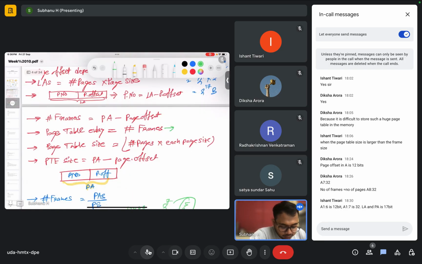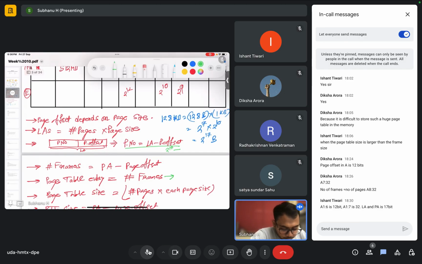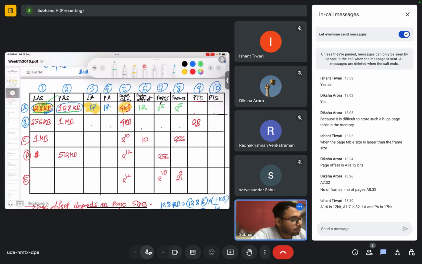So first come to logical address space. How will I calculate this? We know that logical address space is 128 KB, and it is byte addressable.